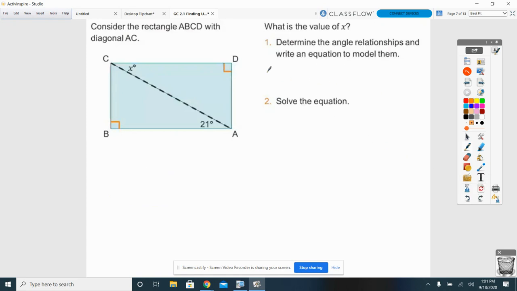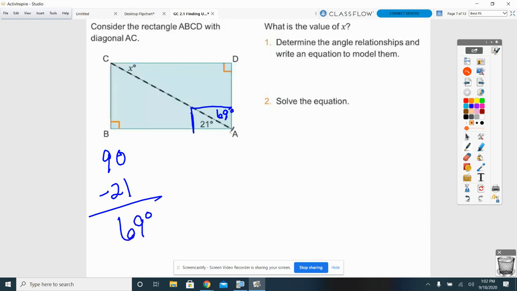Now, some of you might not have seen that. What some of you might want to do, let's see what we could do here. Well, if this is 90, then this has to be 90. So you can take 90 minus 21 to get that missing angle. And that missing angle will be 69 degrees.